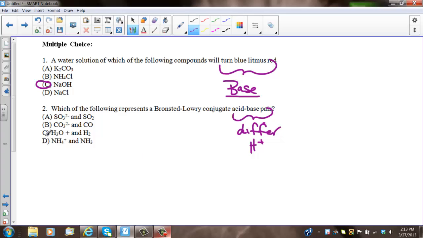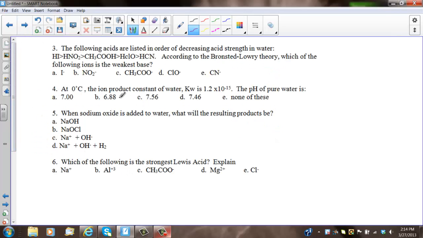So that would be D. The following acids are listed in order of decreasing acid strength in water, according to Bronsted-Lowry, which one is the weakest base? Weakest base means strongest acid, so that would be I minus. Strong acid equals weak base.